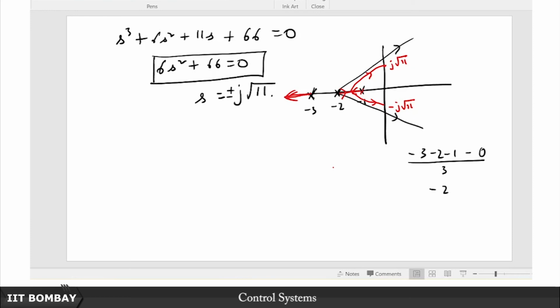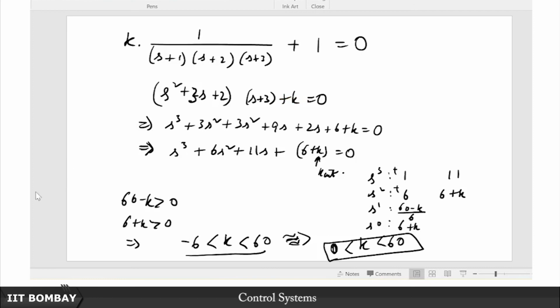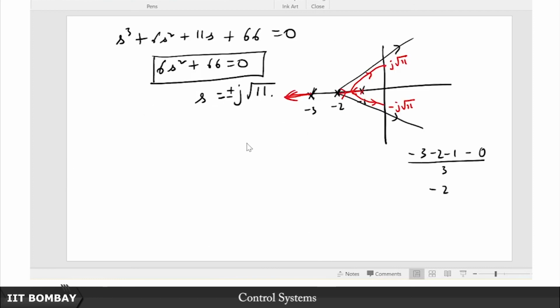So if you give a step input to the closed loop system and keep k fixed exactly at 60, then you will get an oscillatory response, and the frequency of those sinusoids and cosinusoids would be square root of 11. So that is all the information that this particular refinement allows me to draw from this calculation. That is how the root locus is actually quite beautiful and quite revealing in so many different ways.